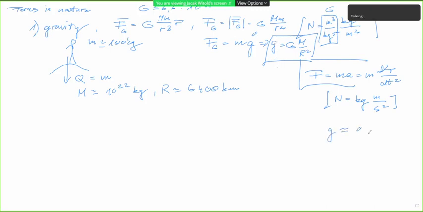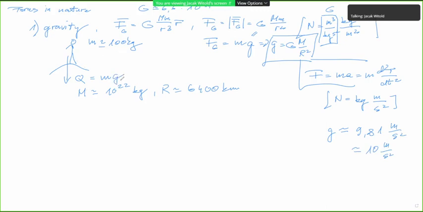It is approximately 9.81 meters per second square, which can be further approximated to about 10 meters per second square.